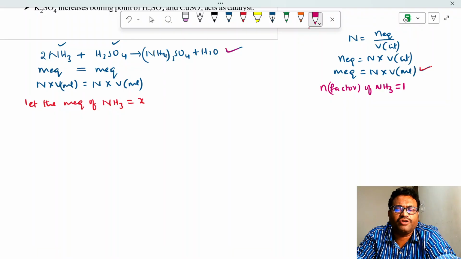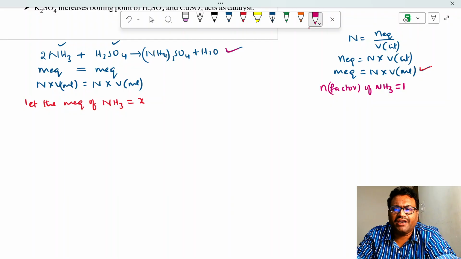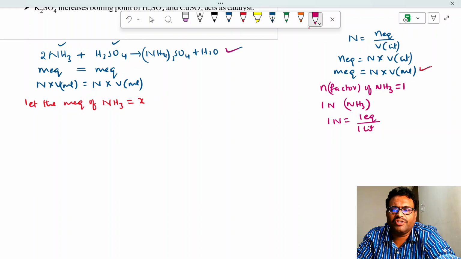Before also we have discussed. 1 normal NH3, what is the meaning of 1 normal NH3? 1 normal means 1 equivalent present in 1 liter of solution.